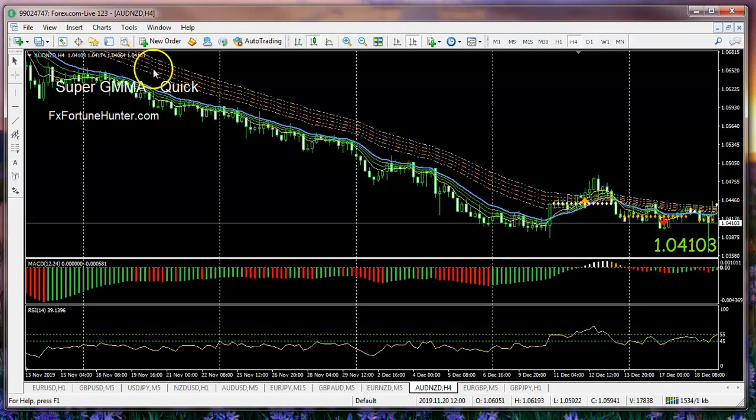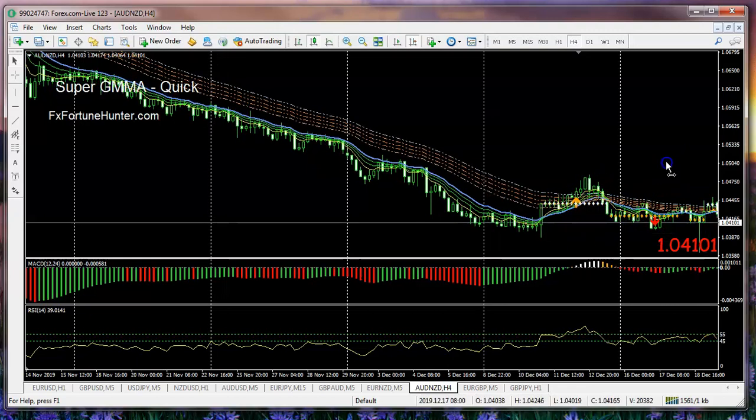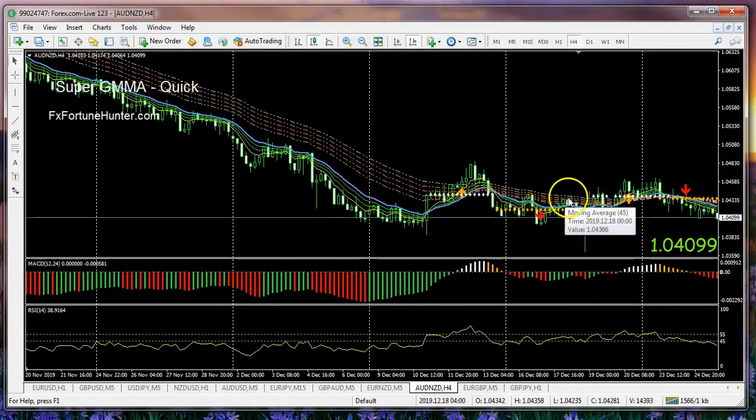Now notice the reason these are so helpful to us, these longer term, you can imagine these are longer term sellers. These are longer term investors. That's how you can read these lines. They're still selling, even though there's been some compression here. There is no upward tick of the long-term moving averages, no turnover, no crossover of those lines.